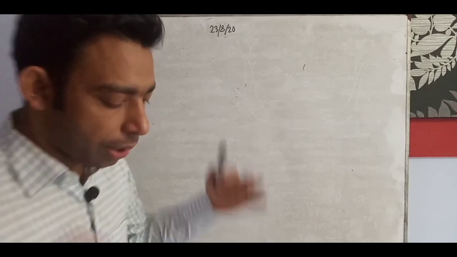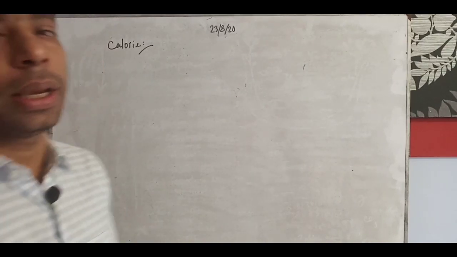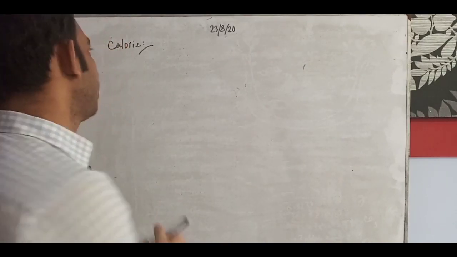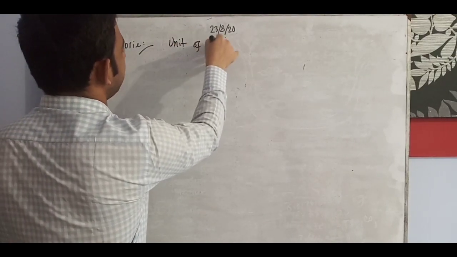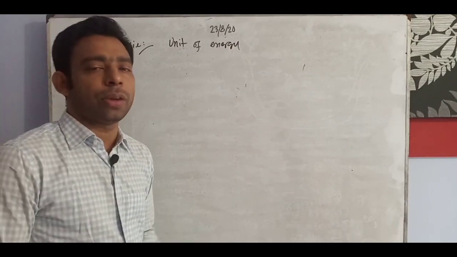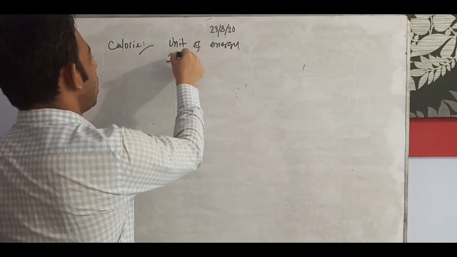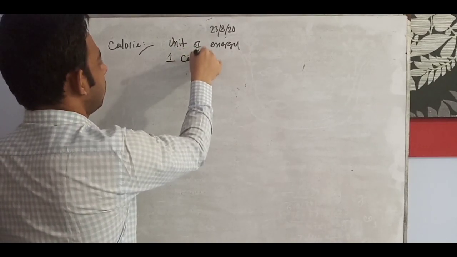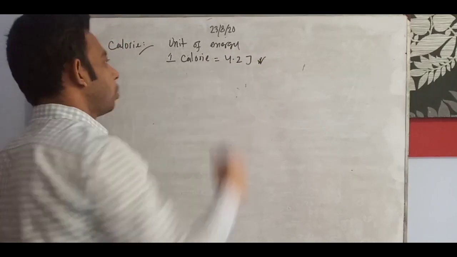Many students can give the answer if asked what is calorie. Calorie is the unit of energy. You can write: unit of energy. There is a relation of calorie and joule: 1 calorie equals 4.2 joule. We need this for doing the mathematics.